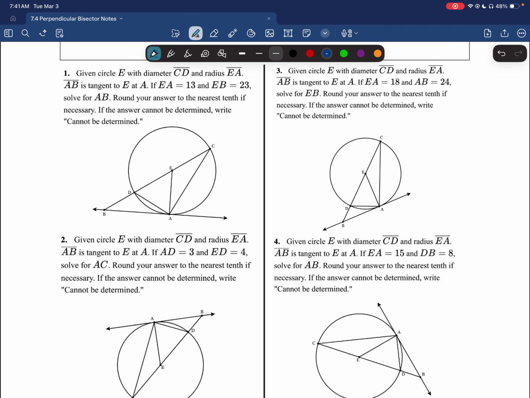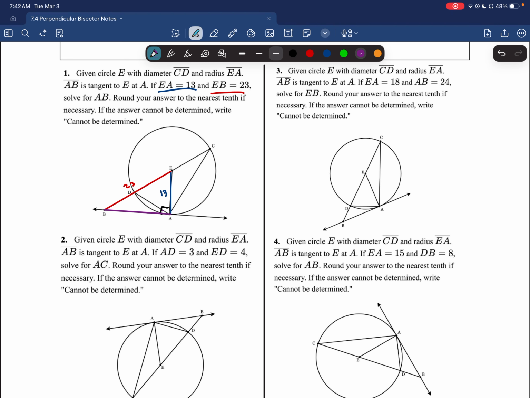So this distance right here is 13. And we know that EB is 23. So E to B, this distance right here, is 23. Okay, I'm trying to solve for AB. So this right here. Okay.